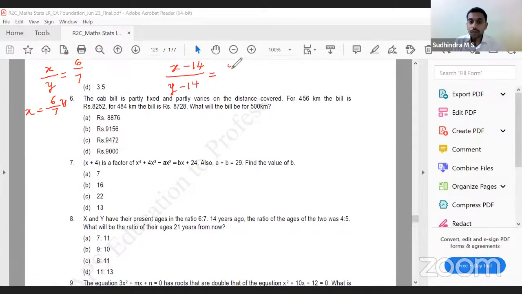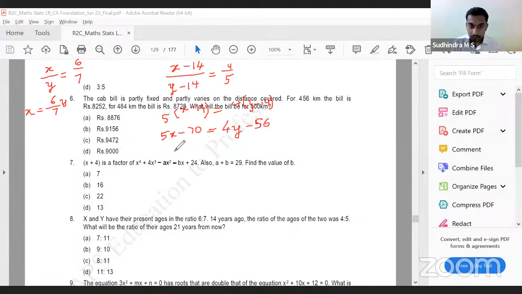The ratios were 4/5, so cross multiply this. 5 times X minus 14 equals 4 times Y minus 14. So 5 into X is 5X, 5 into 14 is 70, is equal to 4Y minus 4 into 14 is 56.